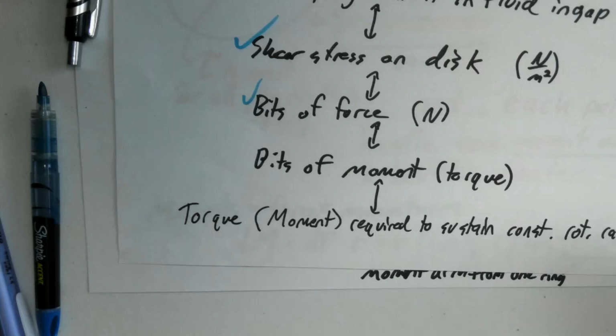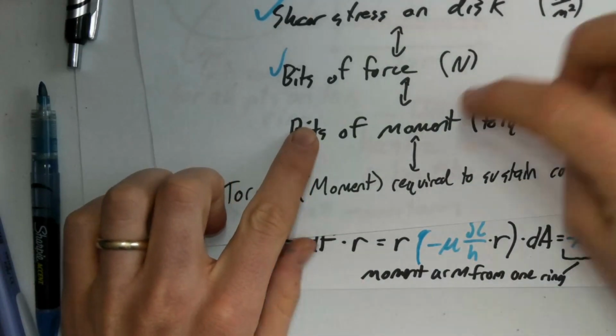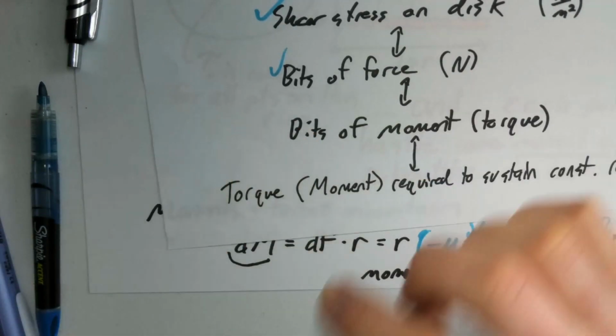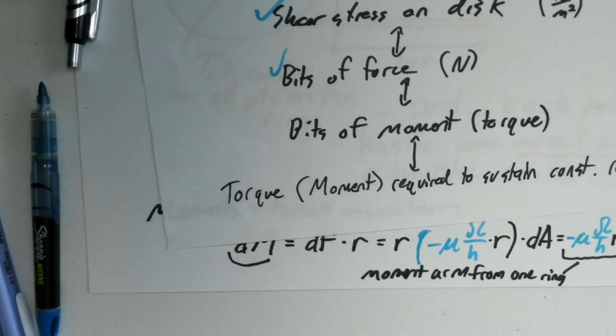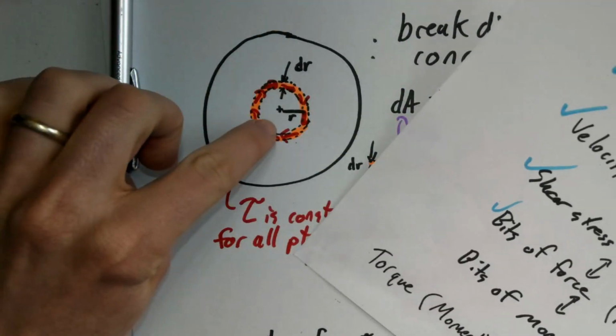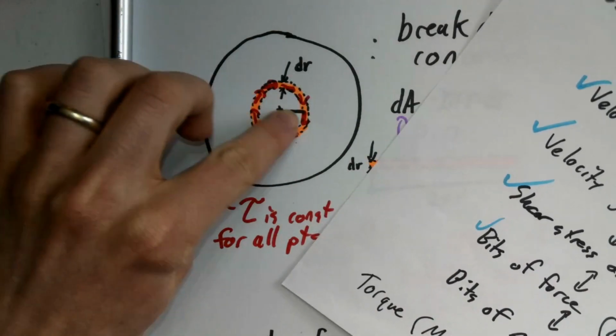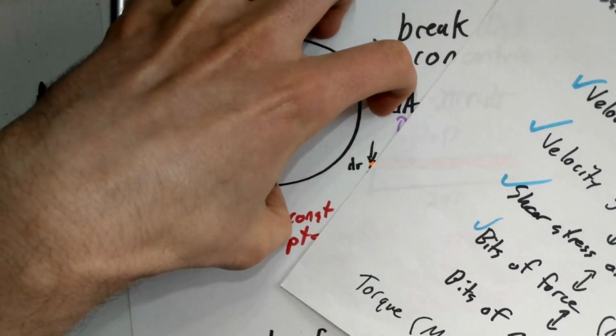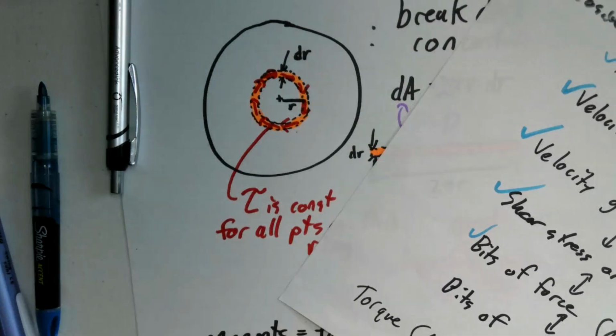We now have an expression for each little bit of moment from each of these rings, right? So we have a whole bunch of rings. Each of these rings has some contribution to the overall moment from all of the shear stress on this thing.